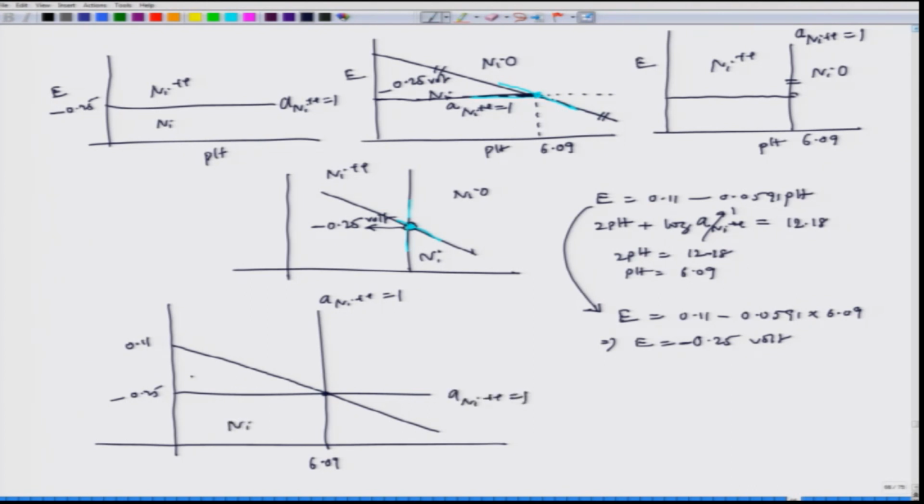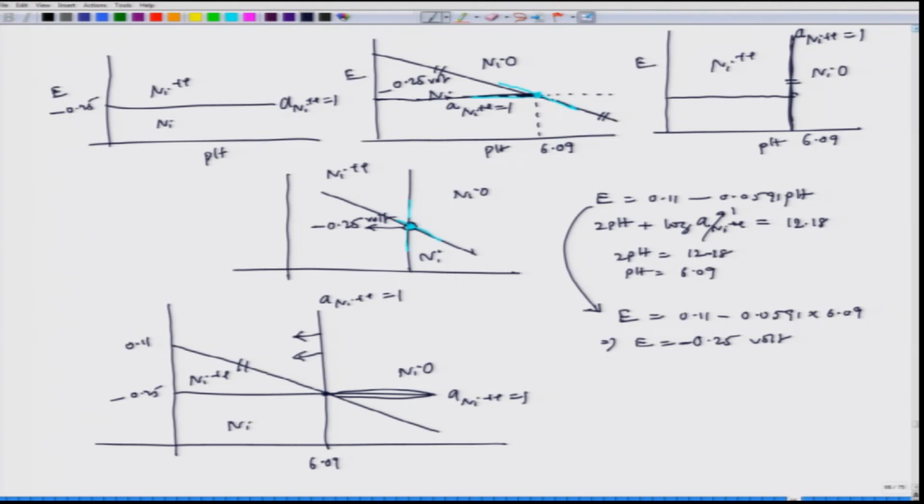This side is nickel, nickel plus plus, nickel oxide. Now, interestingly, last time we saw that this particular portion of the line should not exist. We were not sure about this particular line. Now, once we get to this particular line for the type 3, we know the left of this line should be Ni plus plus.